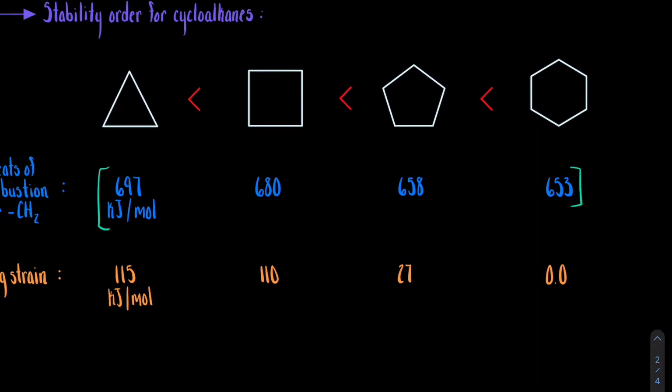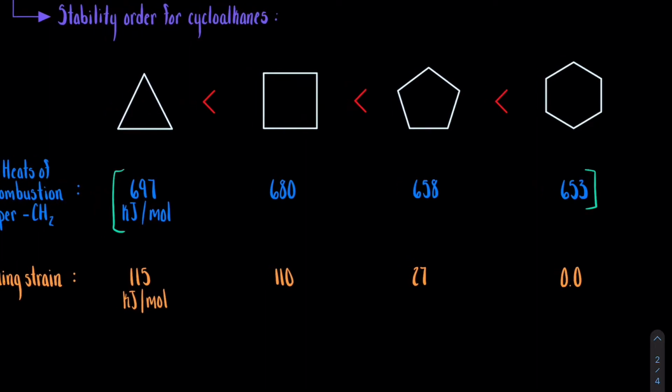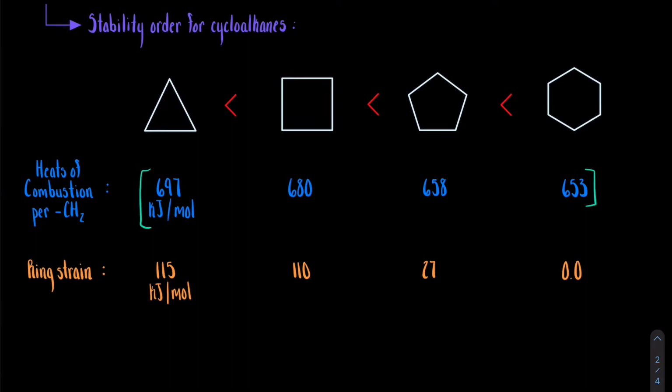This whopping difference plays a huge role in the molecule's ability to open up and react with other molecules. This all has to do with angle strain, steric strain, and torsional strain.